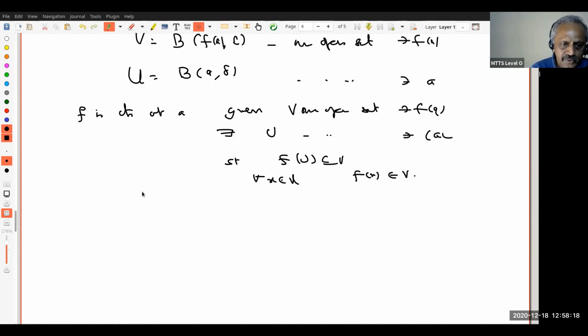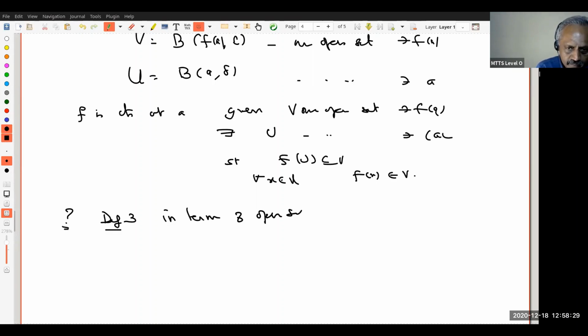So what we want to do is see whether this will work, a definition in terms of open sets. I don't know whether it's going to be definition 3.